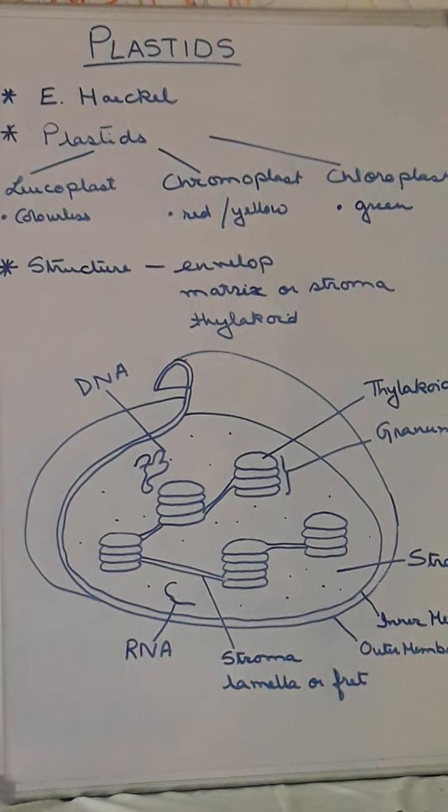All these things are present within the matrix. The ribosomes are responsible for production of various types of enzymes responsible for photophosphorylation, photolysis of water, photosynthetic pigments, and various other reactions, and it may also sometimes store starch in higher plants.